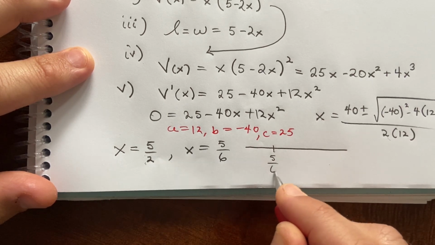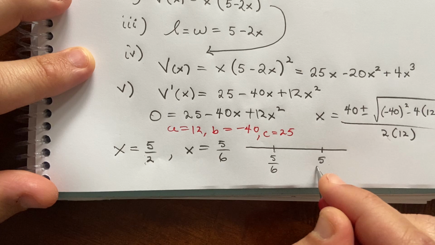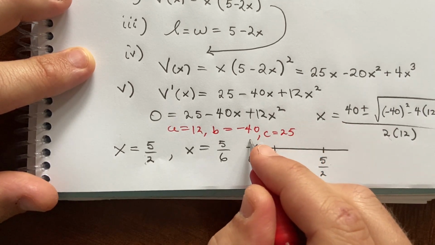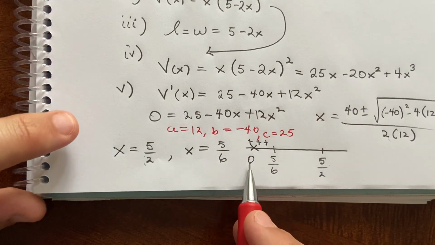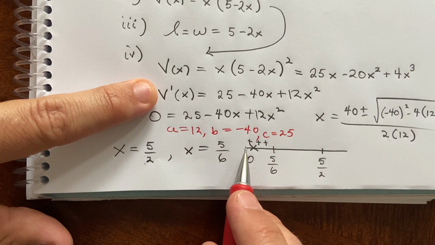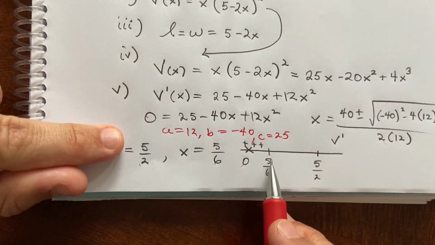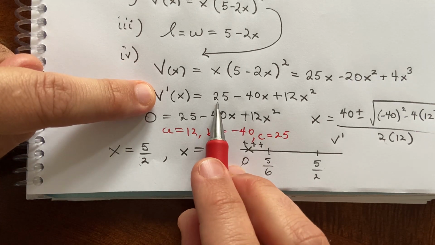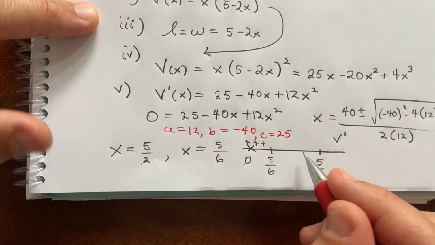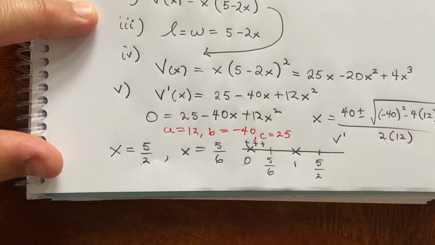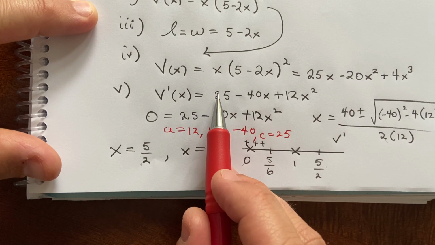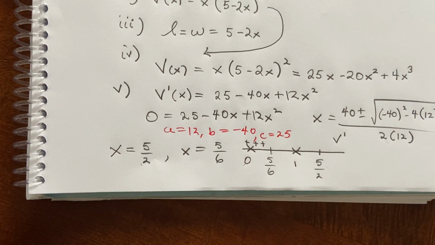So I'll place 5/6 and 5/2. Maybe I'll test over here at 0. So you'd be getting plus, plus, plus if you test that into the derivative, right? So this is a sign chart for V prime, by the way. So plug in a 0 here, you get 25. So that would be plus. If you plug in a number like 1 as a test into the derivative, let me see what you get there.